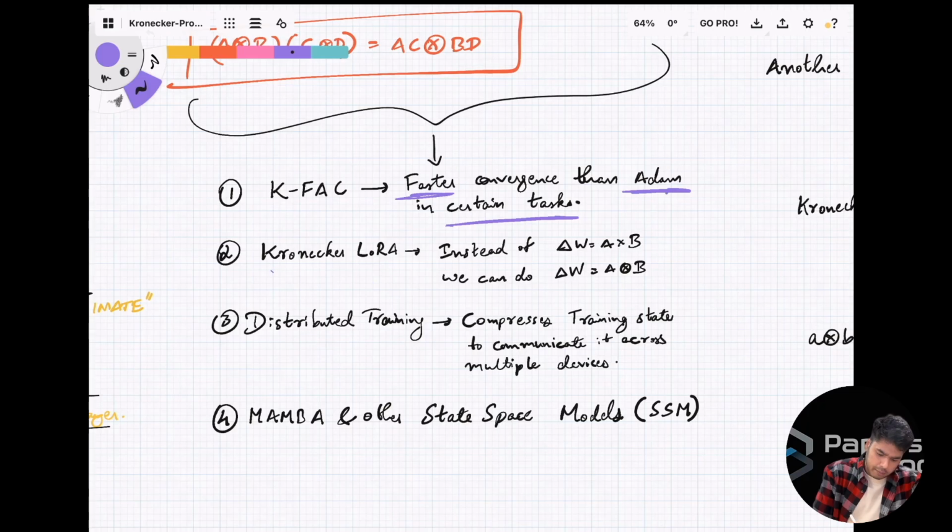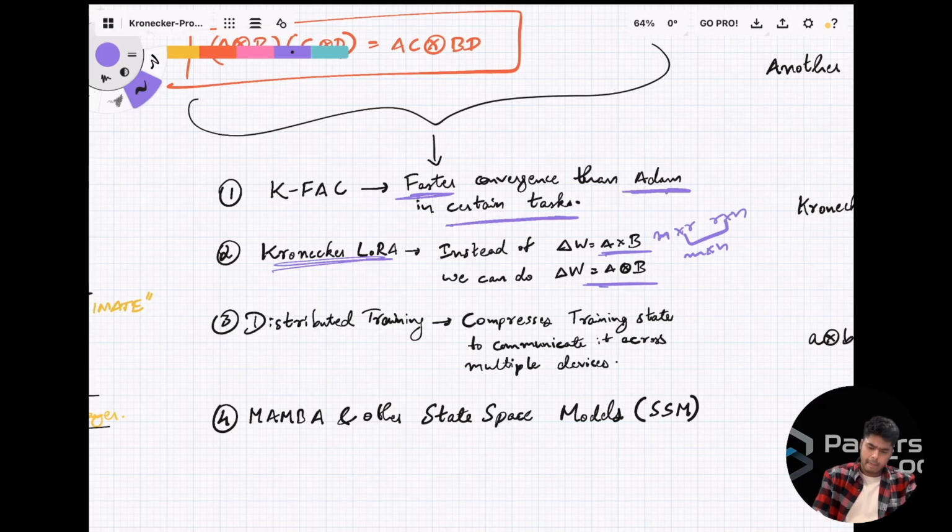Another thing is Kronecker-based LoRA methods, where normally in LoRA you have an A cross B, where A is some M cross rank and B is some rank cross N, and you get the M cross N when you multiply them. But recent studies have shown that a Kronecker product between A and B helps in two ways.